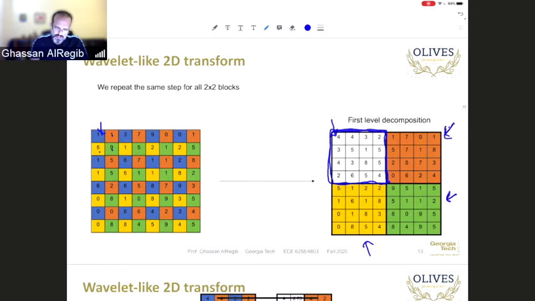So in this wavelet-like toy transform, if I have the approximation alone, the average of every 2 by 2, then I can display that as an approximation of the image on the left-hand side.